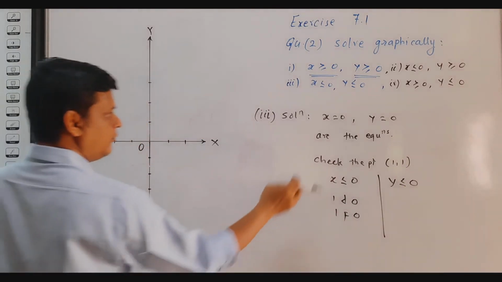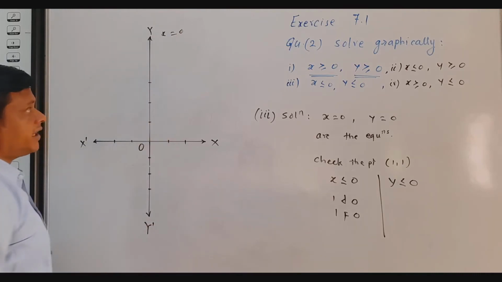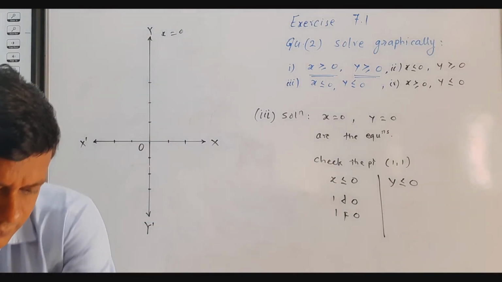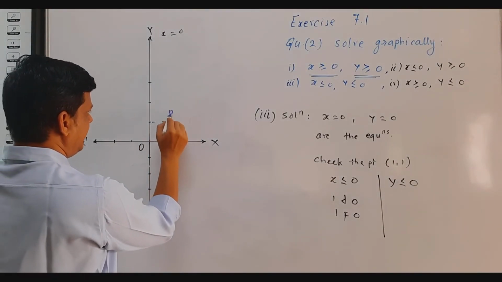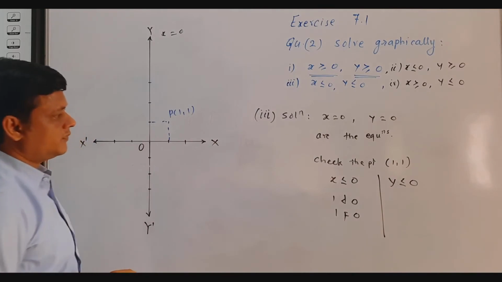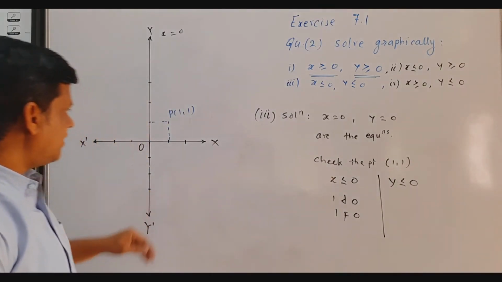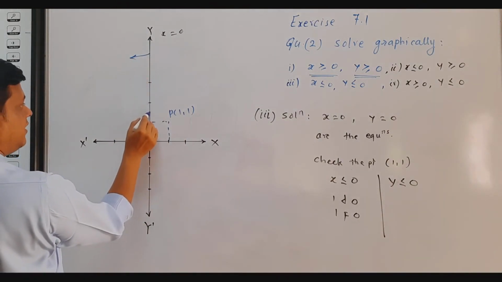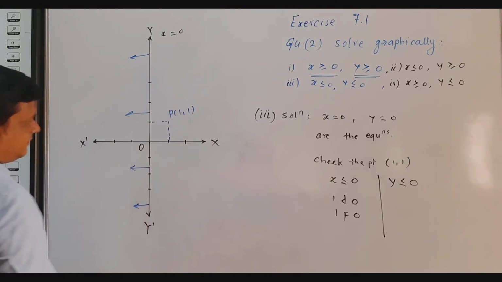So x equals to 0 is the equation of y-axis. So again we have to check. So here point P is 1 1. Now condition is not satisfied, so we have to mark opposite to this point. So marking will be left side to the y-axis.